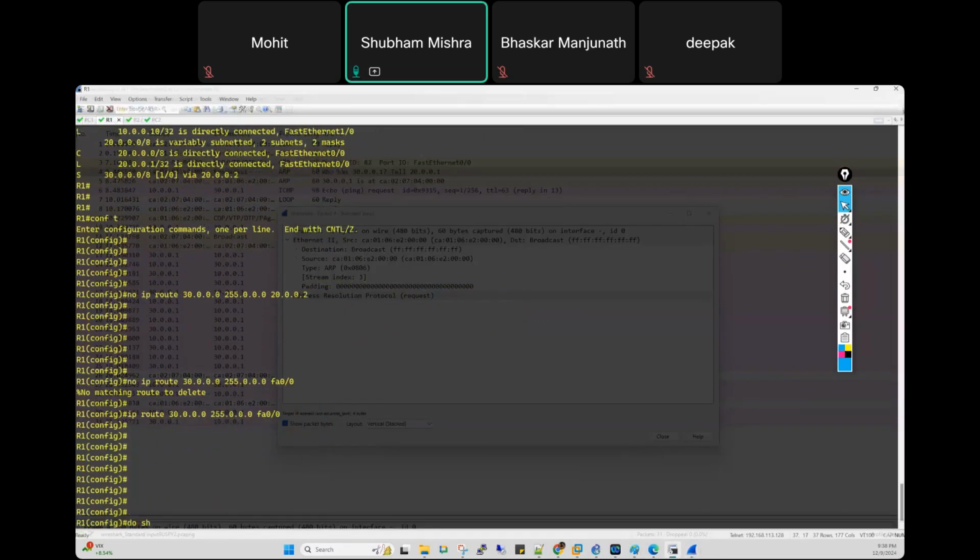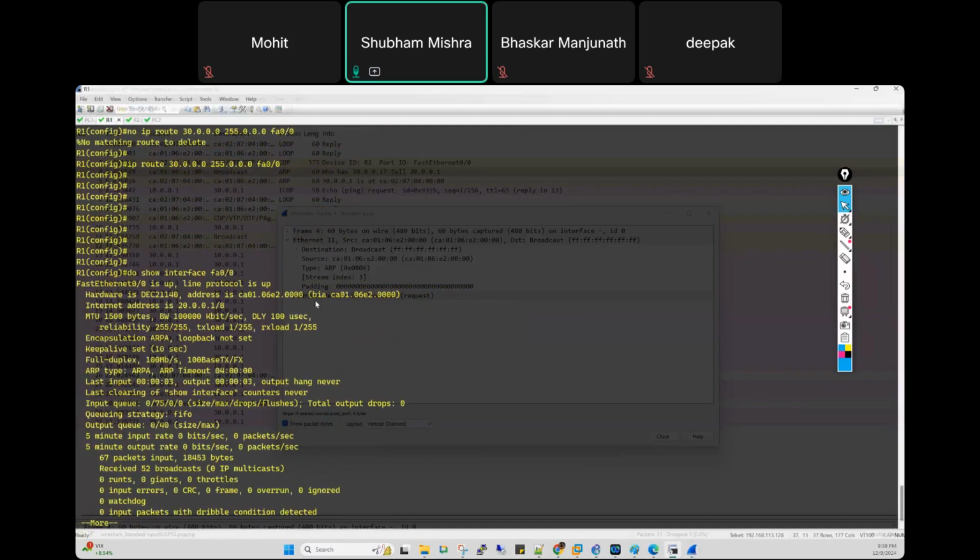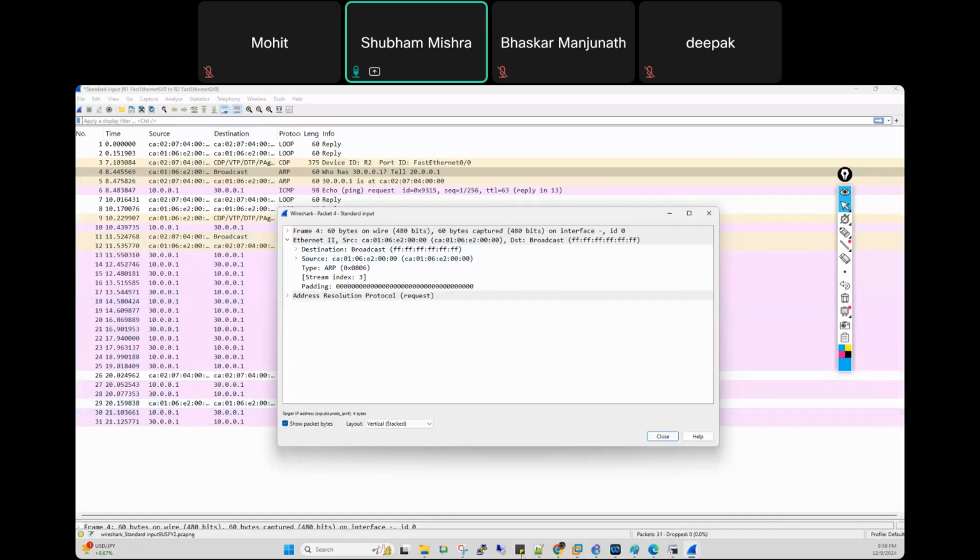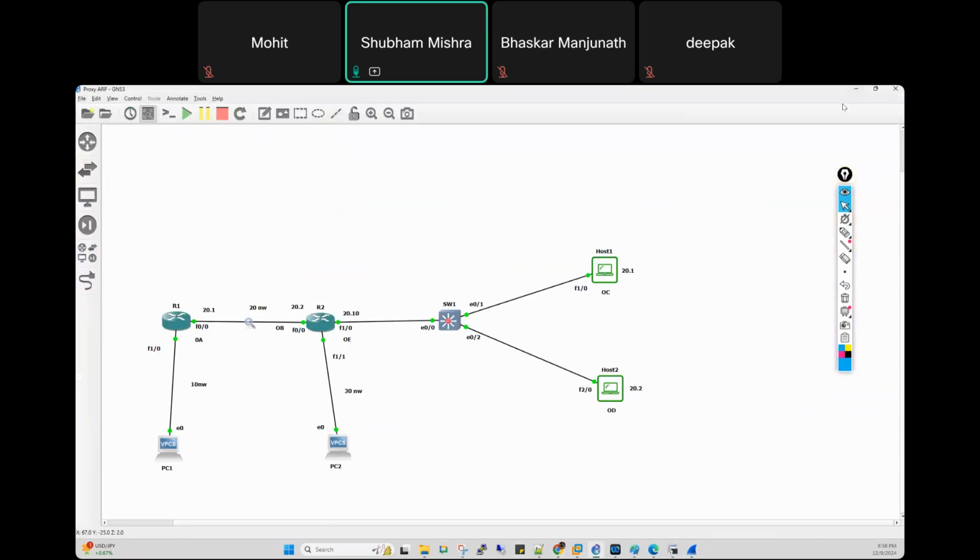If I write do show interface FastEthernet 0/0, see, that is the MAC address of this interface. It means that is the MAC address of FastEthernet 0/0. Okay.